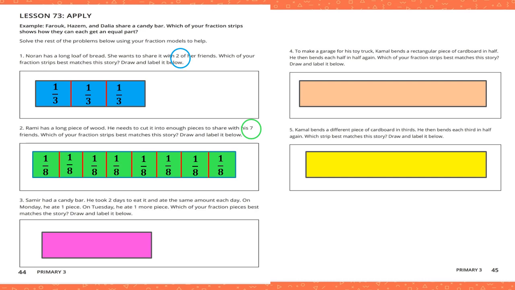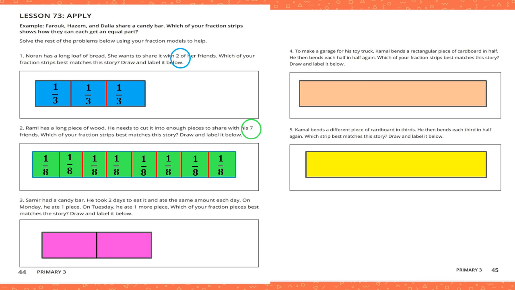Samir had a candy bar. He took 2 days to eat it and ate the same amount each day. So he cut it into 2 parts and each day he ate the same amount. Monday he ate 1 piece. On Tuesday he ate 1 more piece.